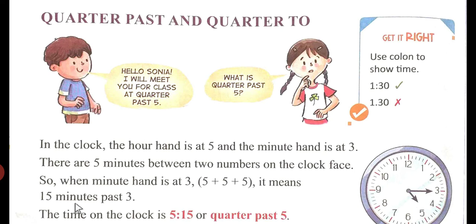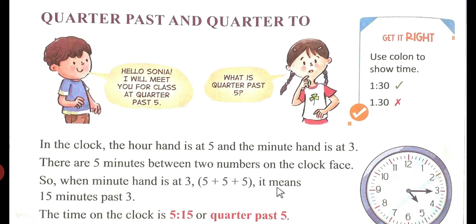In the clock, the hour hand is at 5 and the minute hand is at 3. There are 5 minutes between two numbers on the clock face. So when the minute hand is at 3, 5 plus 5 plus 5, or you can say the table of 5, 5 threes are 15.